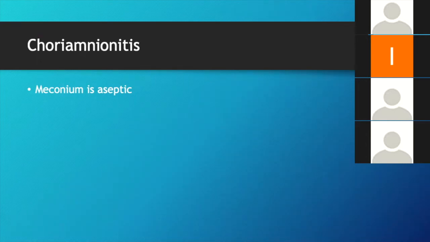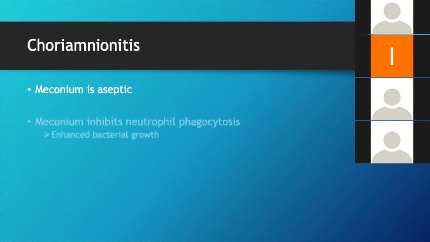So, not just about changing pH. The liquor has antiseptic properties. The liquor has neutrophils, etc., that go in, and whatever bacteria that tries to enter, it breaks it down. It attacks it. But the meconium attacks those neutrophils. It actually stops the phagocytosis process.